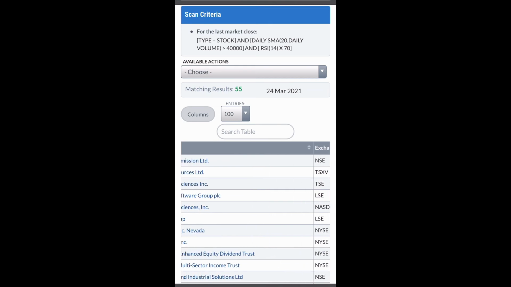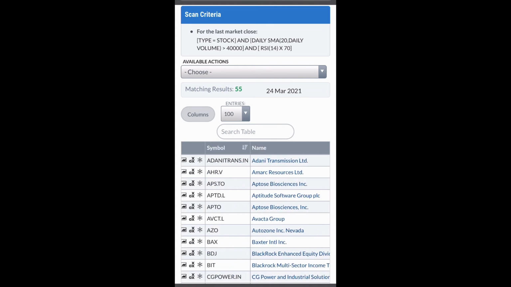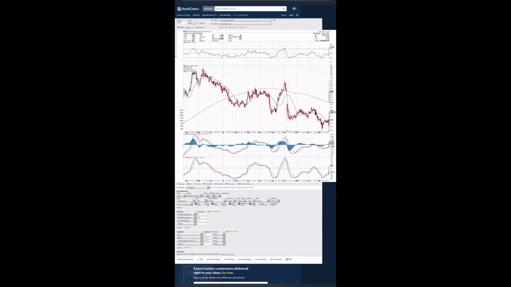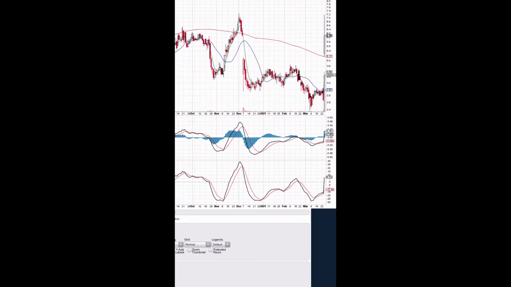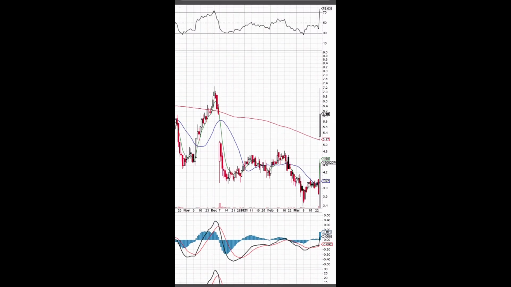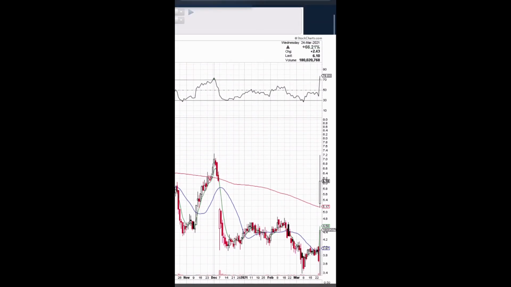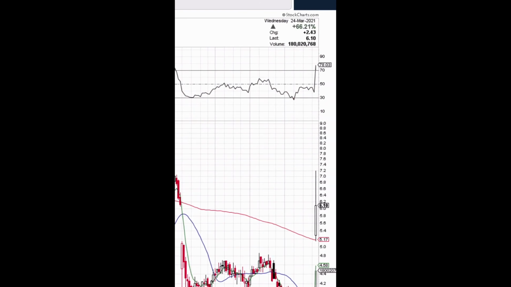So let's look at this other one, APTO. This one's been really popular today. And this one kind of took off today. As you can see, this one cleared the 70. It jumped from being at about 40, not super undervalued, but on the lower end of its RSI value, to jumping to 78.